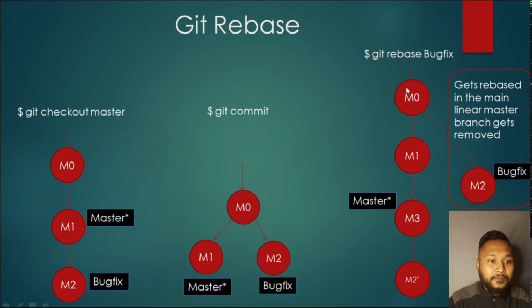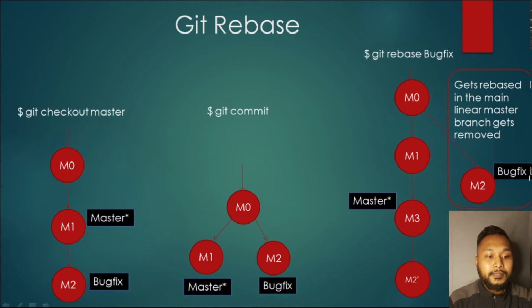In the case of git rebase bug fix, here's the node, and we have separated from the changes M1 and M2. There has been another change in the master, so it has the name M3. And when we do git rebase bug fix on the master, the M2 node in the branch bug fix gets attached to the node of the master M3.